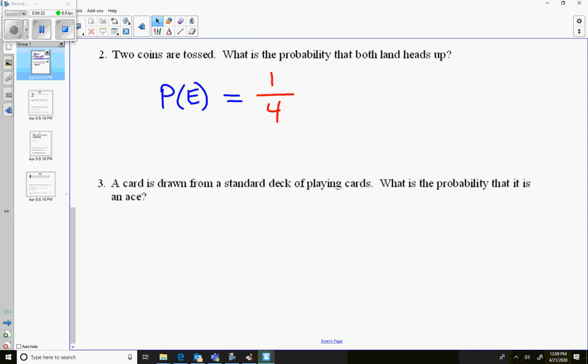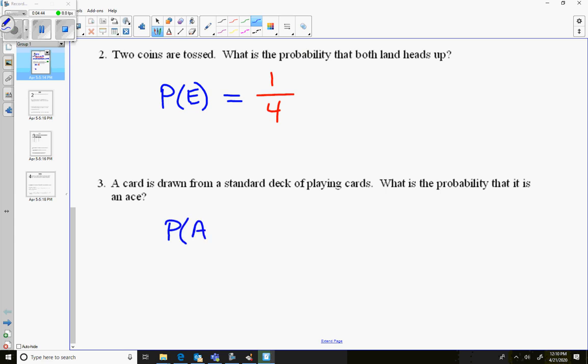Number 3, a card is drawn from a standard deck of playing cards. What is the probability that it is an ace? It is assumed that you play with standard decks of cards and you are familiar with certain things. For starters, what is the probability that it's an ace?